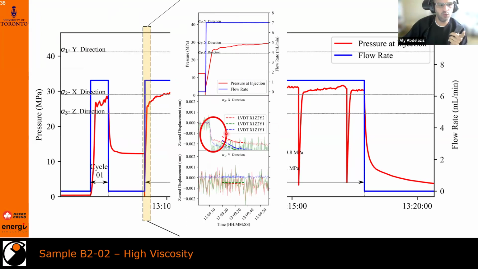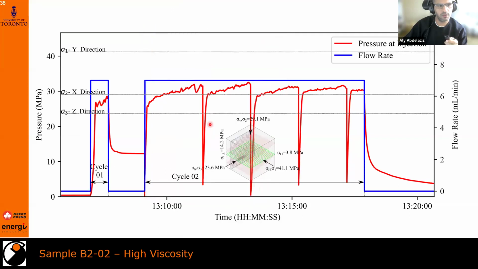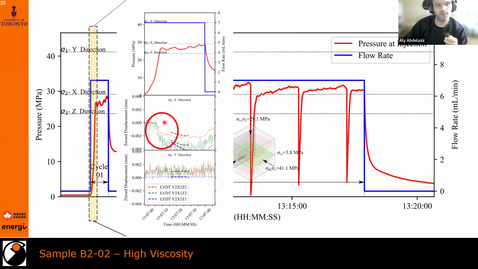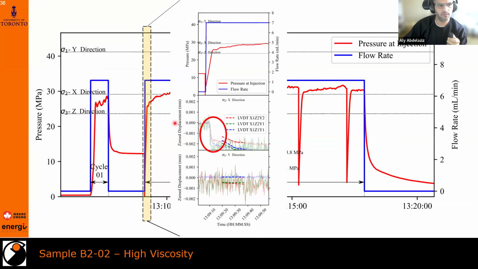But what we do notice is the time it took from this drop as compared to the time for this drop. This one had a huge lag, I think around 5 seconds. In this case, it was almost 3 seconds. So it's much faster.